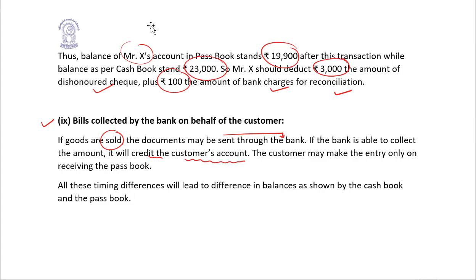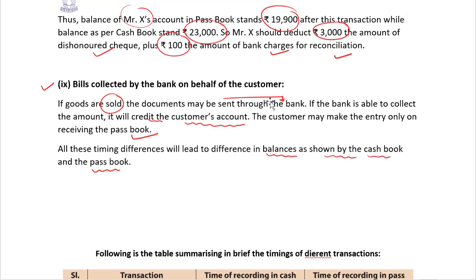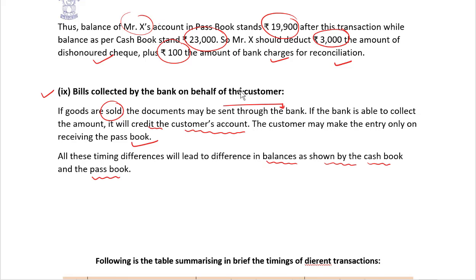The customer may make the entry only when he receives the bank statement or the passbook. All these timing differences will lead to differences in the balances as shown in the cash book or in the passbook. I believe you understood this point.